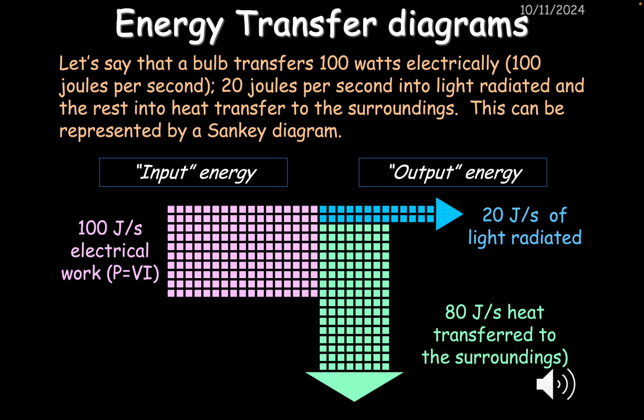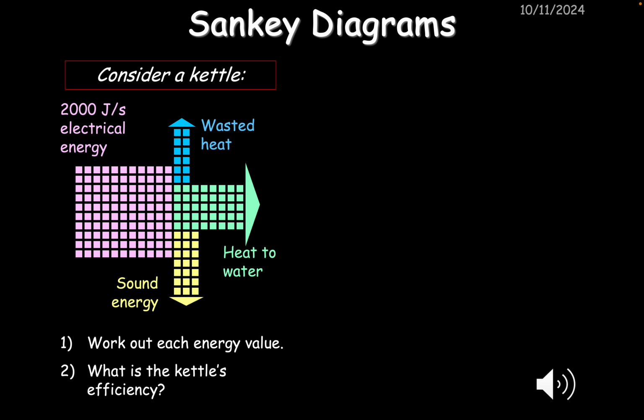And you could be asked to draw one of these, and you've got to draw the width of the arrow to scale. Okay, so Sankey diagrams in general, for example, a kettle, which is using 2000 watts, will be 2000 joules per second. Some of it will be wasted heat. Some of it will produce sound. Obviously, you don't want sound, but in this case, you want all the heat to be transferred to the water.